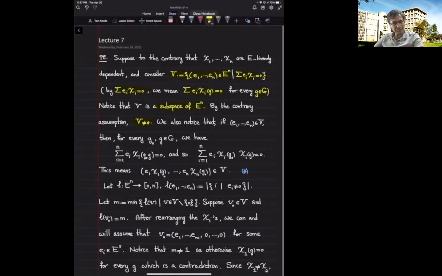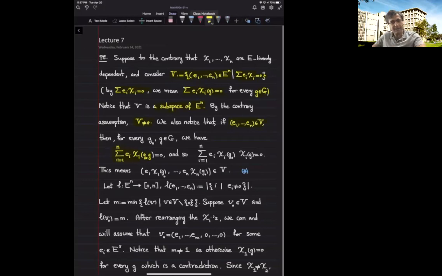Now, let's do this manipulation that I've mentioned earlier. What is the manipulation here? If (e_1, ..., e_n) is inside V, what does that mean? This means that no matter what element of the group I plug into the linear combination of e_i chi_i, I'm going to get 0. So the element that I'm going to plug in is going to be a product of two elements, one of them fixed, the other one ranging. So g_0 times g is going to be an element of the group.